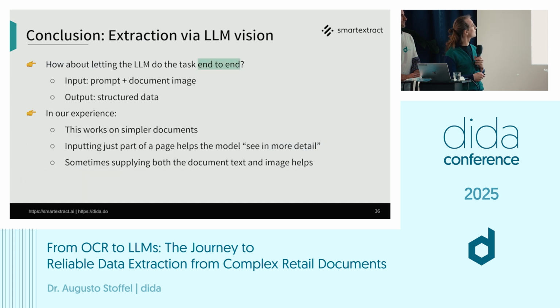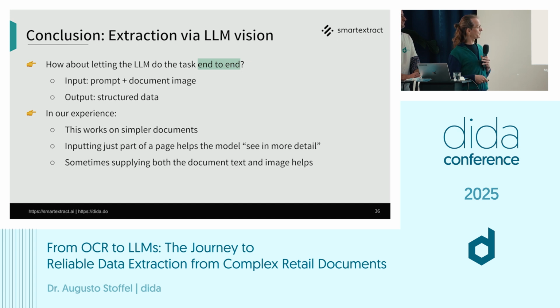So to summarize then, can we let the LLM do extraction end to end? Yes, it definitely works on simpler documents. For more complex documents, the model gets overwhelmed, and then inputting just part of the document helps. And this means, of course, that you need some other way to chunk the document into reasonable, smaller chunks, which probably will be some other type of vision model that you have to train.